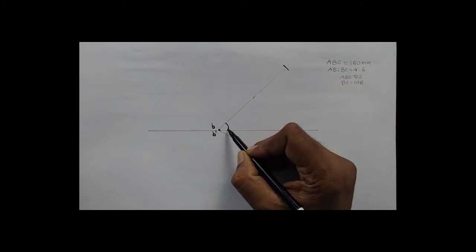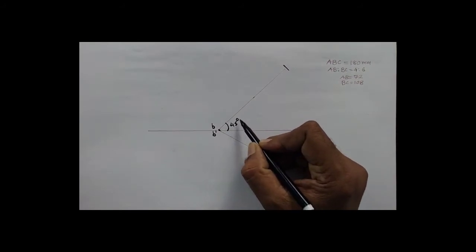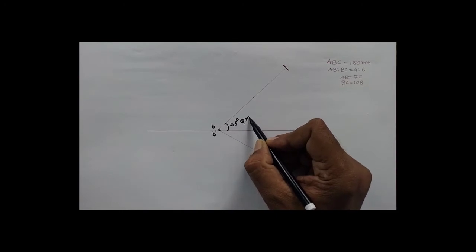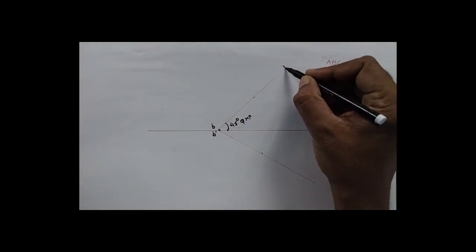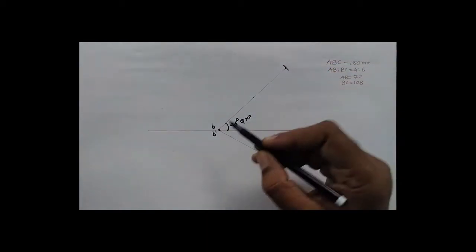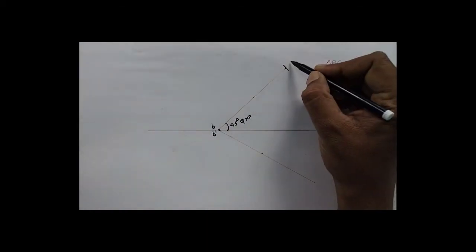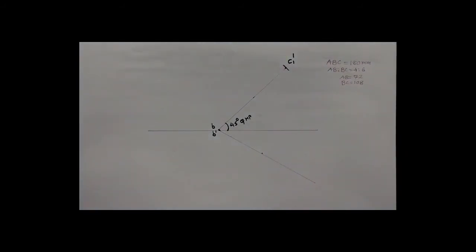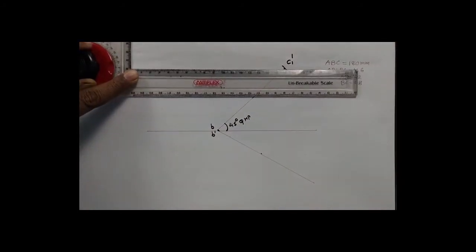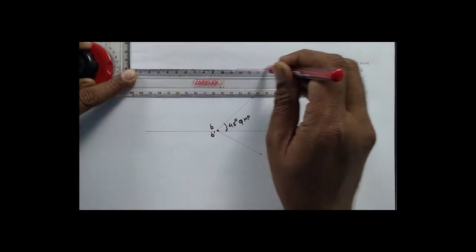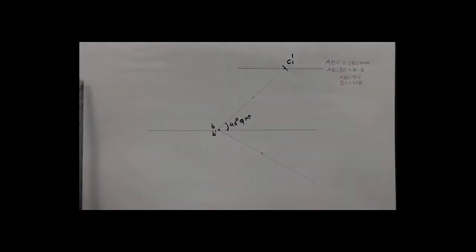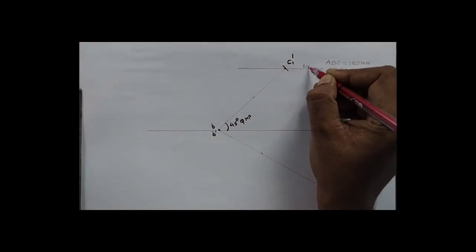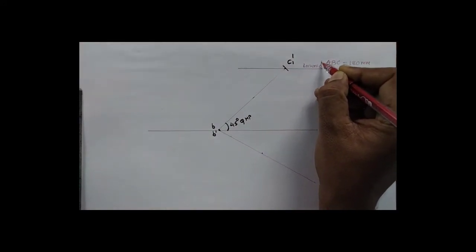This is my angle of 45 degrees with HP, and I got C1 dash. From this C1 dash, we draw a line parallel to XY, which is the locus of C dash.